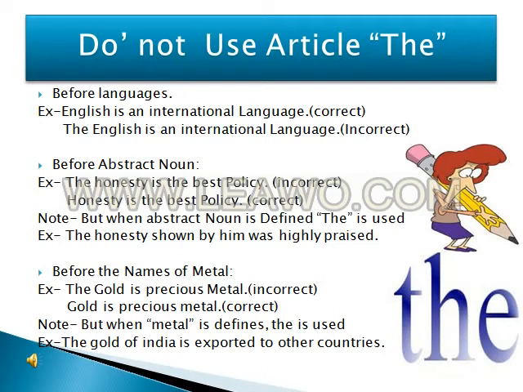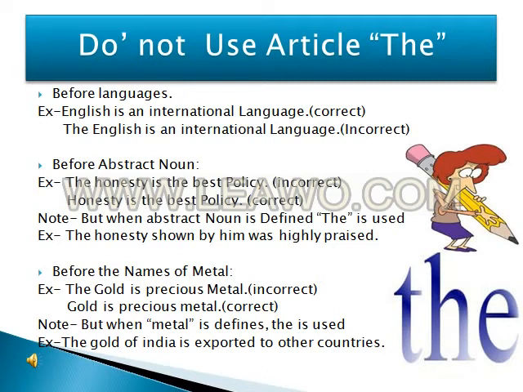First, read the example where we will not use it: the gold is a precious metal. Here we are simply talking about gold, so we will not use article the before gold. So this is the incorrect sentence. What will be the correct one? The correct one will be: gold is a precious metal.